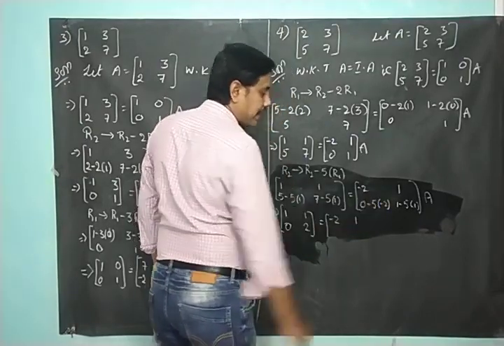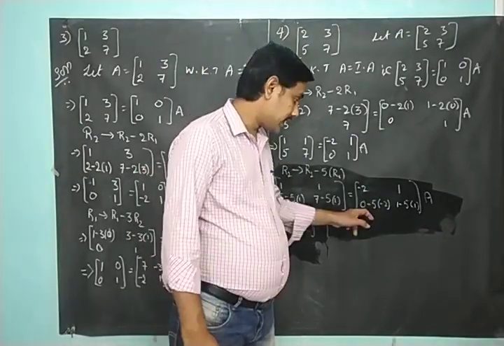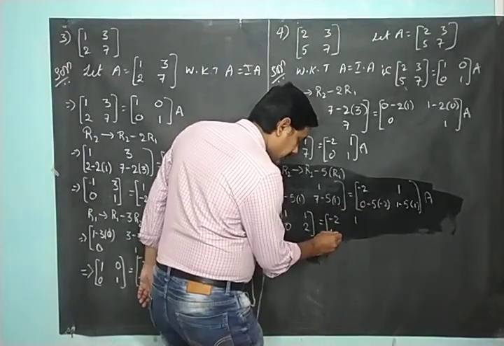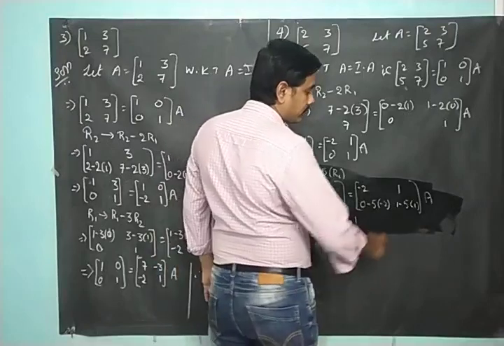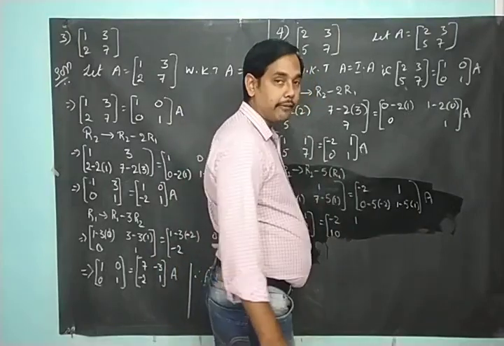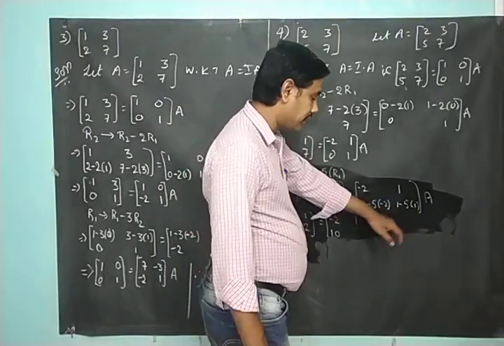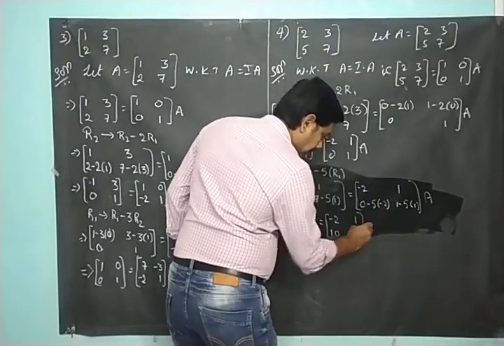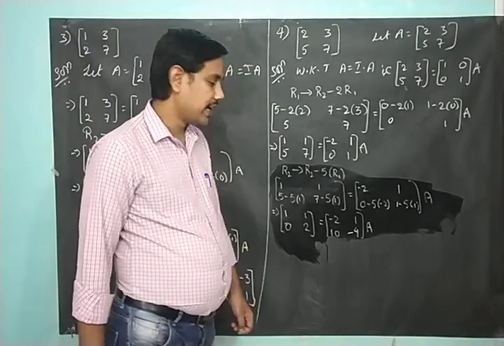So minus 5 into minus 2 is what? Plus 10. 0 plus 10 is 10. Right? 1 minus 5 into 1. 5 into 1 is 5. 1 minus 5 is minus 4 into A as it is.